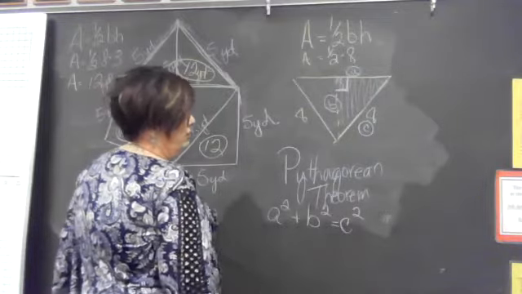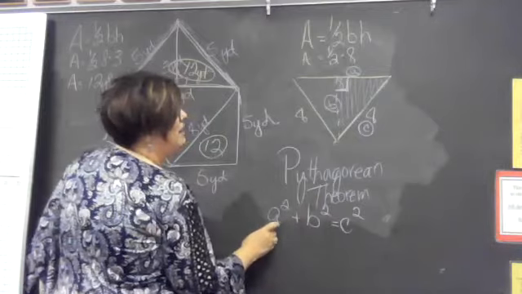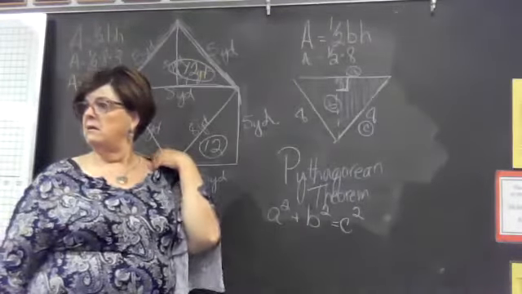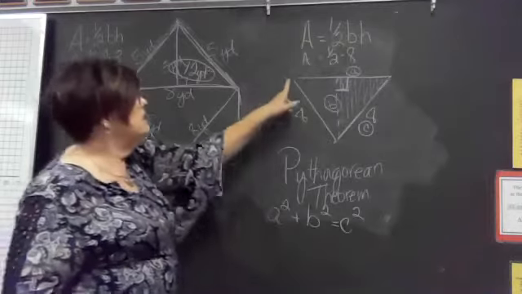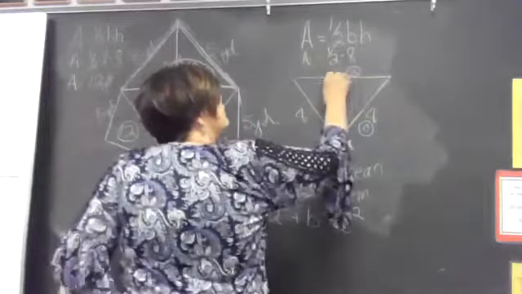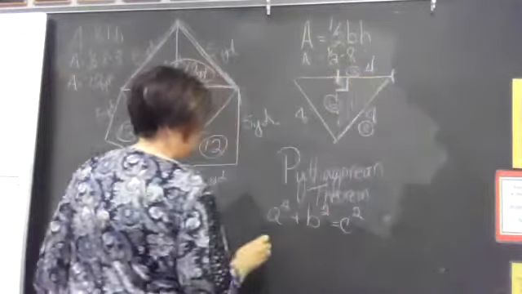So if I'm filling this out, how much is a? It's 4, because the entire side is 8, but I only want this much. So a is 4.